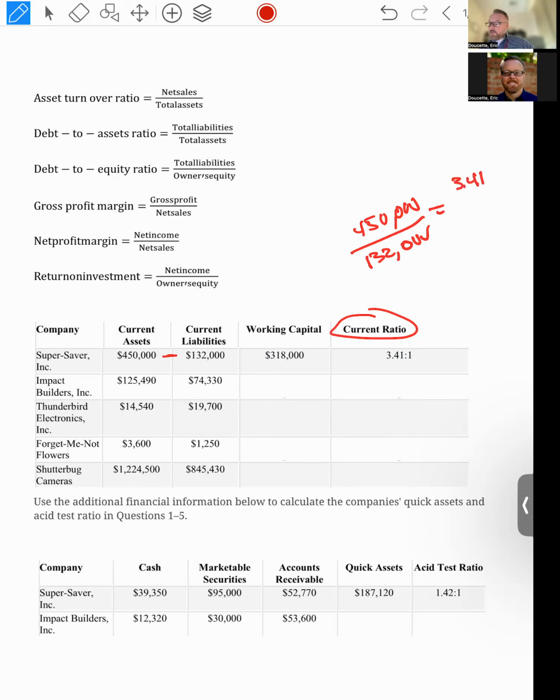So that means that for every dollar of liability I have, I have $3.41 to pay it off. That makes sense?